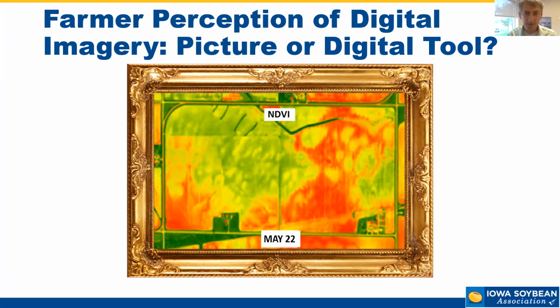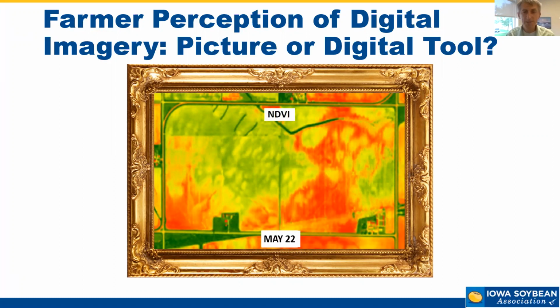So even if I'm not an extension person, that really helped me get the conversation started a lot of the time. But the problem we found is that farmers' perception of imagery is usually as a picture, and a lot of the time, if they collect their own or buy imagery, they would put it in a frame, and that's it.